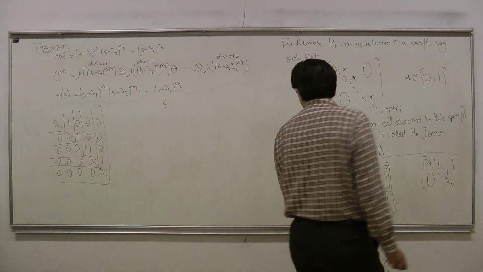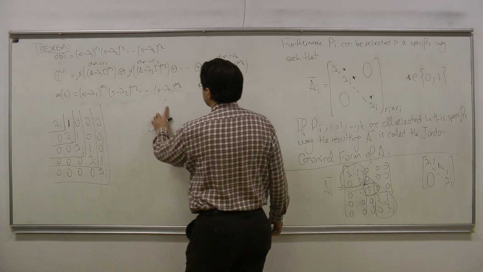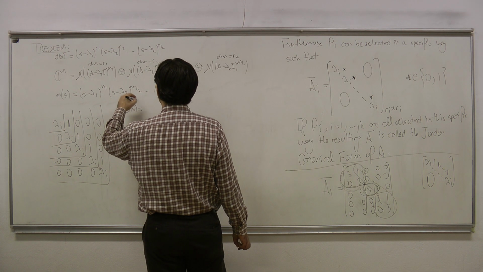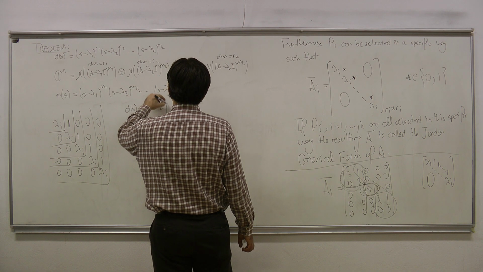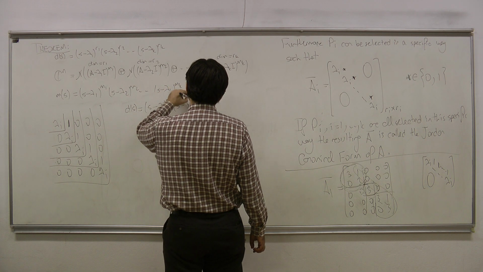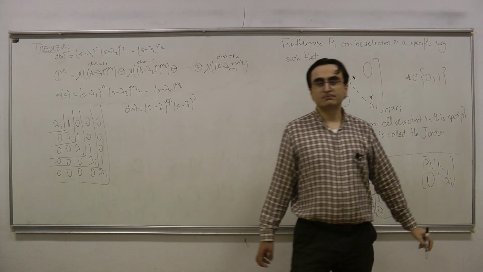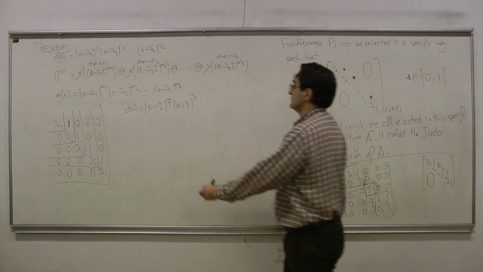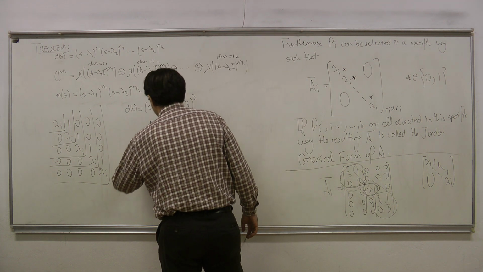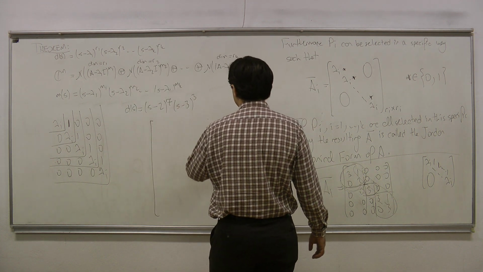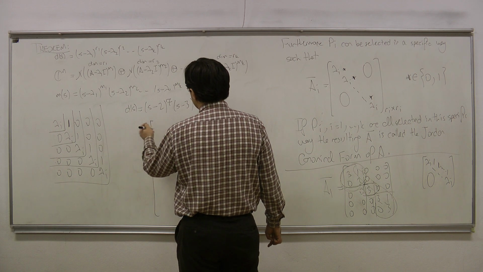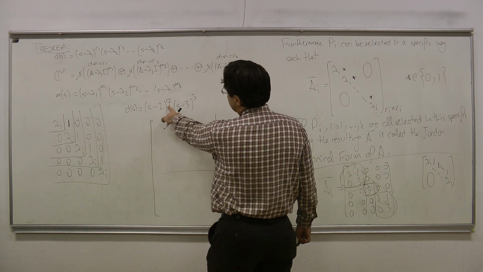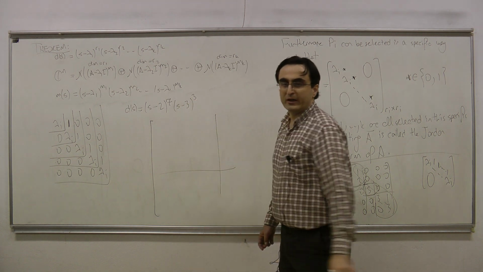Okay? Now let us consider a matrix. And here this matrix is going to have the characteristic polynomial given like this: (s minus 2) to the 7, (s minus 3) to the 3. Okay? And I will just make up a Jordan canonical form for this matrix. Okay? So r1 is 7 and r2 is 3.